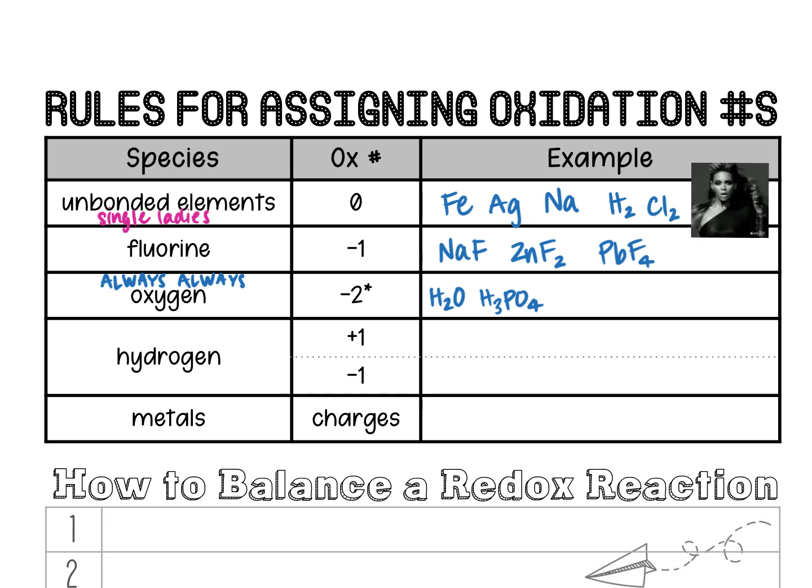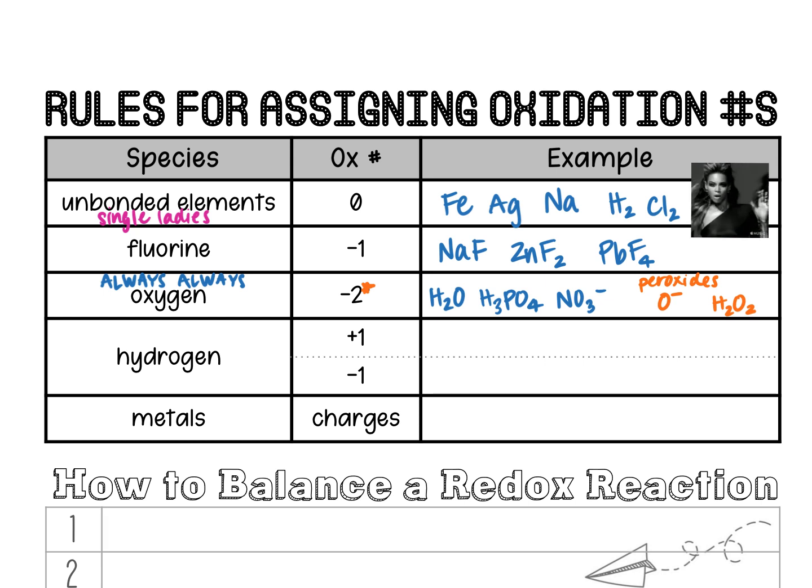Sometimes, so this little star here, asterisk, means that in peroxides, oxygen has a -1 charge. So in H2O2, it has a -1 charge. We can even throw in NO3- as an example of that one.